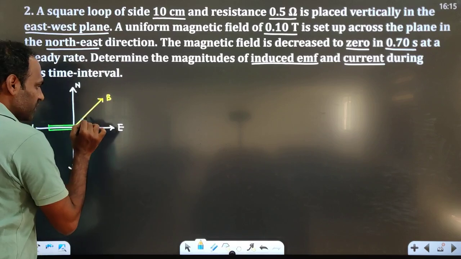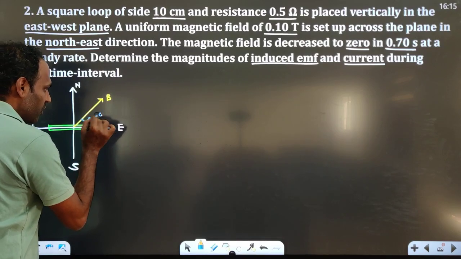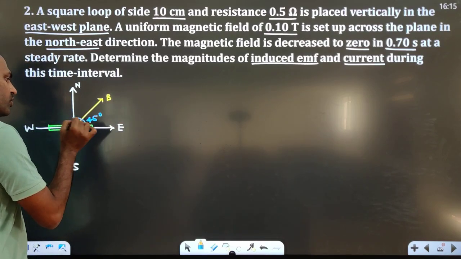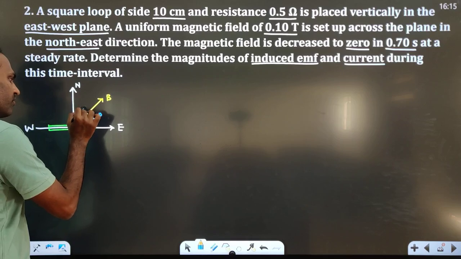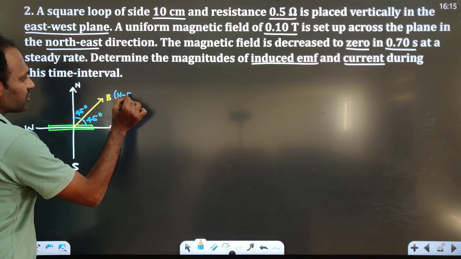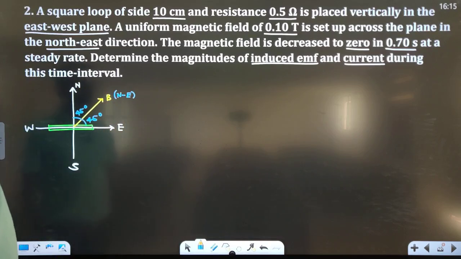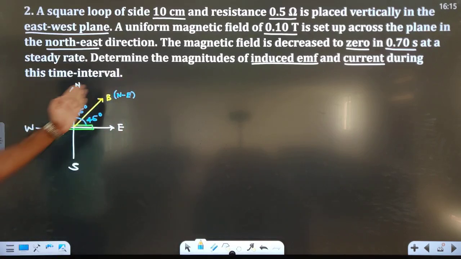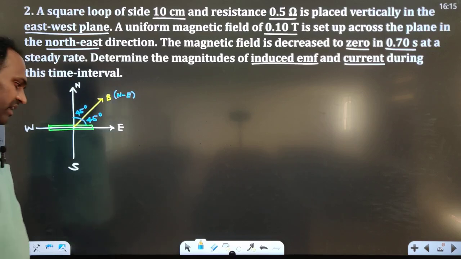With respect to the plane of the coil the angle is 45 degree, or with respect to the normal to the plane of the coil it is also 45 degree only, because it is in the northeast direction. The magnetic field is in this direction, the coil is kept in this direction, and we have to calculate induced EMF as well as current.